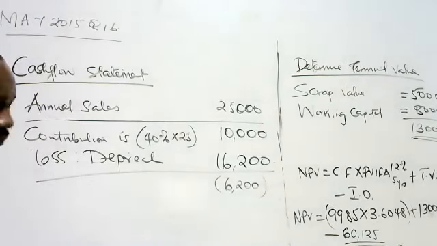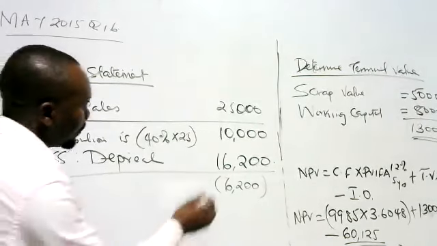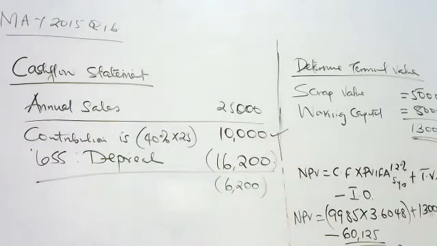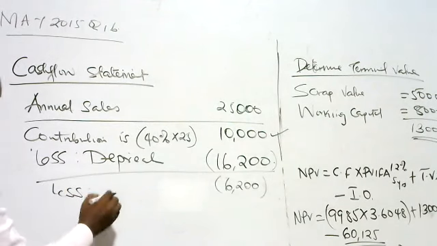What I did, the profit before tax and depreciation is 10,000. I subtracted 16,200. I got a loss. I took 30% of that loss.